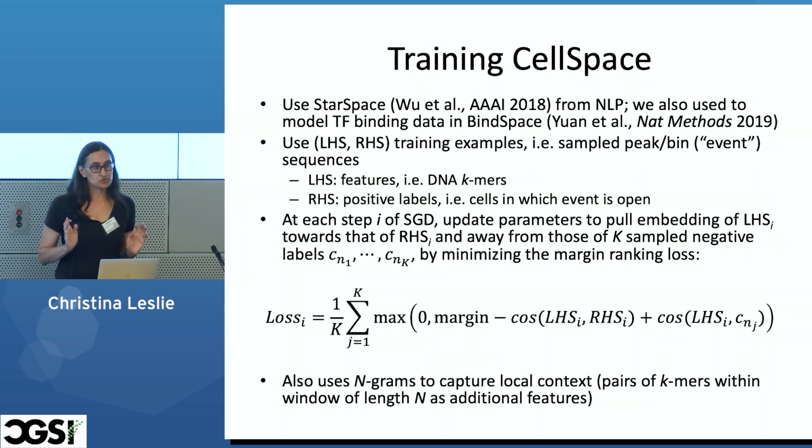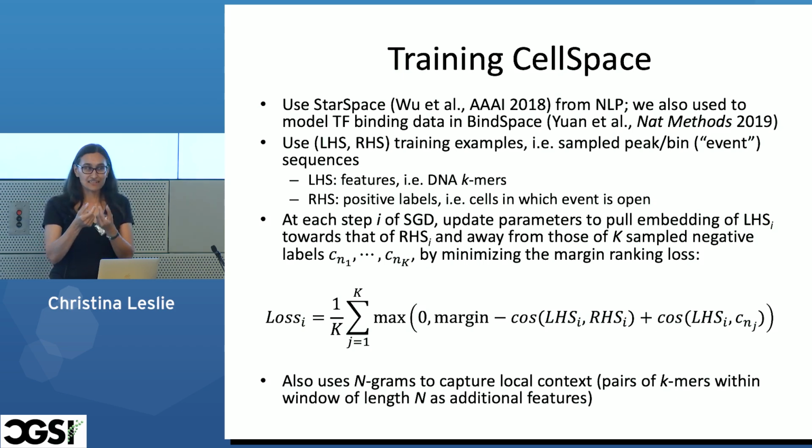And we're trying to push the similarity between the left-hand side and right-hand side for the true positive examples closer than the negative examples by a margin. I'm simplifying a lot of things. We're not just using a bag of k-mers approach.